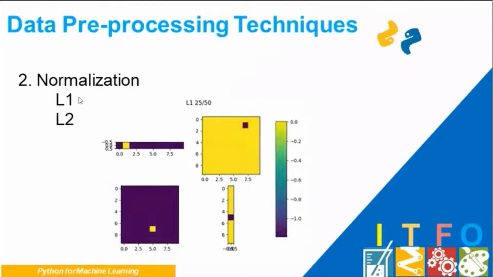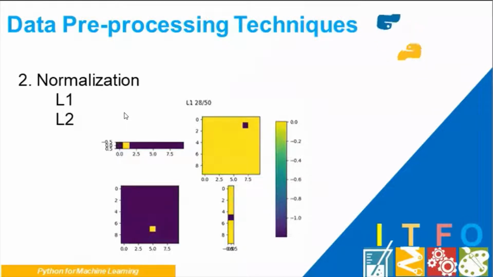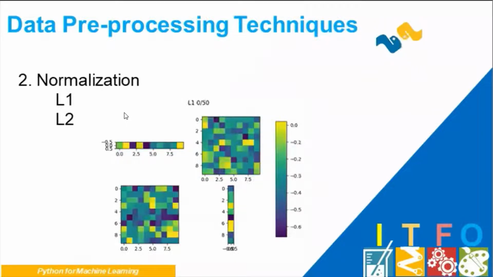Before going for the practical, we have to learn that normalization has two subtypes, L1 normalization and L2 normalization. We will go through them separately. L1 type modifies the dataset values in a way that in each row the sum of the absolute values will always be up to 1.